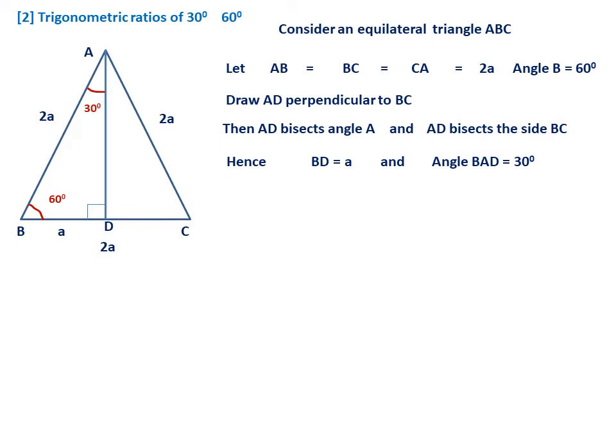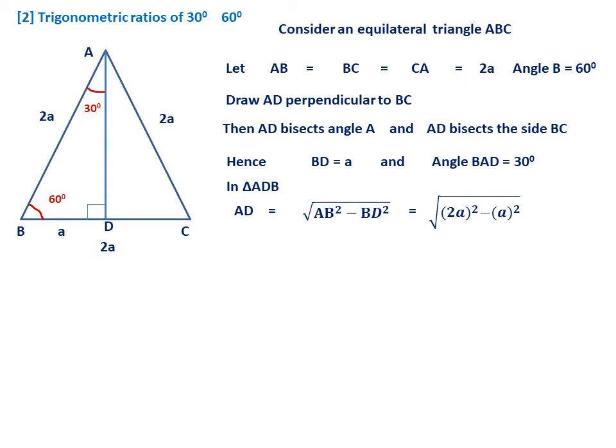Now look at this triangle ADB. In the triangle ADB, I have to calculate AD also, the height, that is the altitude from A. Using Pythagoras theorem, because in triangle ADB, BD is A and AB, which is the hypotenuse, is 2A, AD will be equal to the square root of AB square minus BD square.